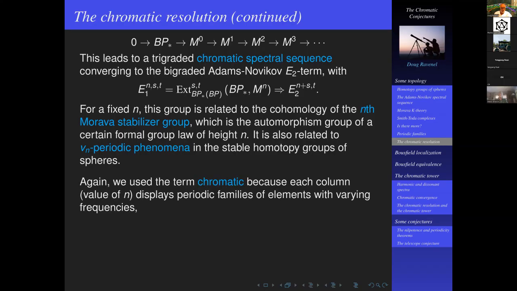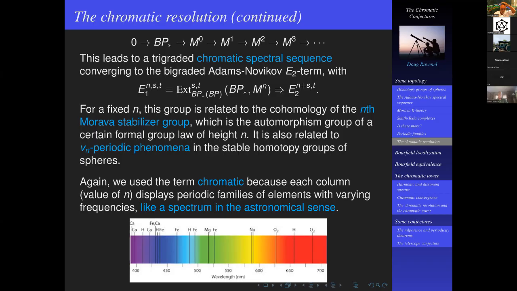And again, I'm using the term chromatic because it's separating. It's like you have all this noise in the form of the homotopy groups of spheres. When you first encounter it, it looks very chaotic. It looks very noisy, but you can separate it into various frequencies like you do in astronomy with starlight.